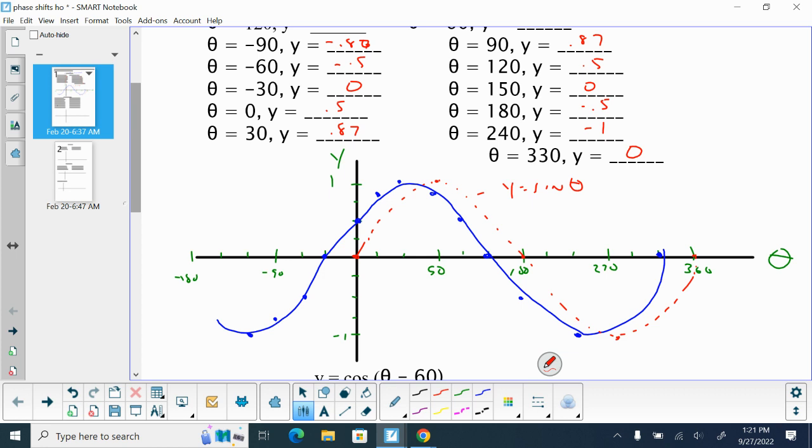Well, the red, once again, is y equals sine theta. The blue is sine theta plus 30. What has happened to our graph? Well, the answer is everything has shifted to the left, and we have shifted every point 30 degrees.